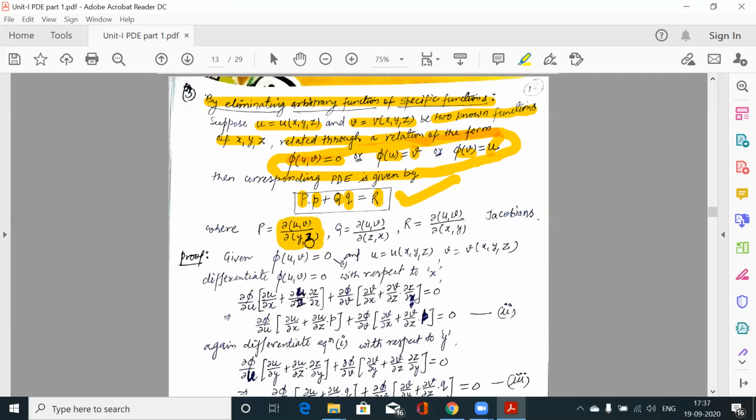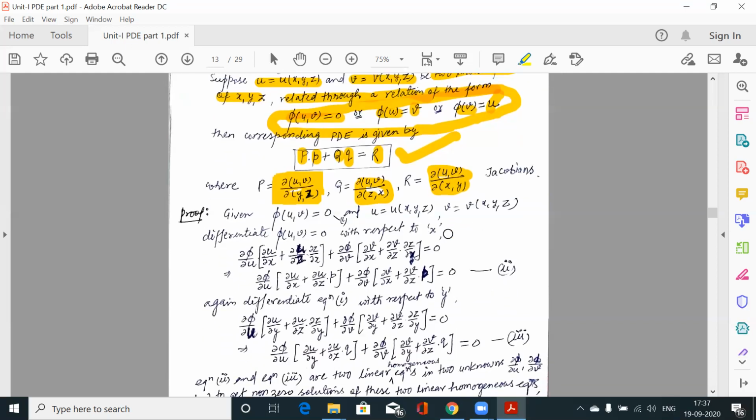I hope you remember the basic definition of Jacobian. This capital Q is again a Jacobian, and this capital R is again a Jacobian. All these three coefficients are Jacobians. So I need to recall the Jacobian definition to you. First, this is proof only, if you are interested in how we are getting this equation.